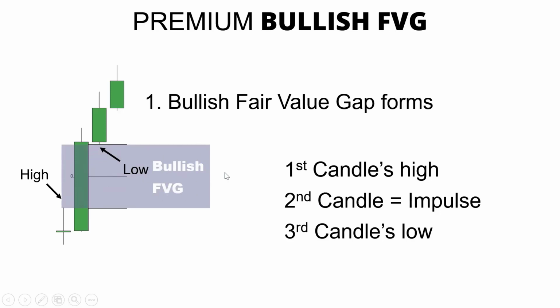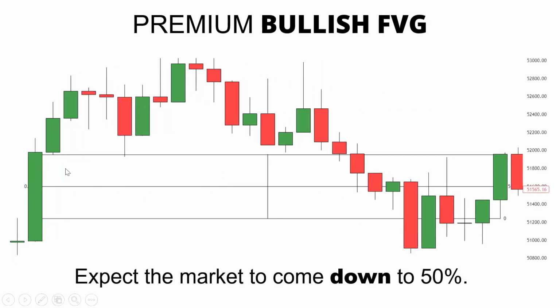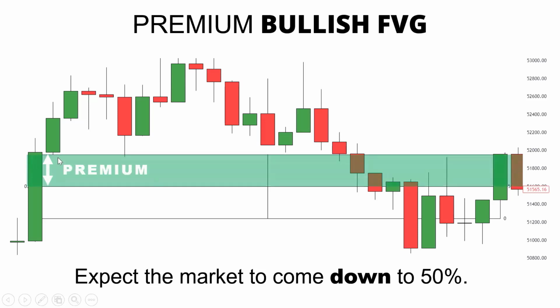So you draw your Gann box in the fair value gap, you pull it across the entire market move, and you basically expect the market to fill within the premium at least, or to fill the gap completely. So you expect the market to come back down 50%.